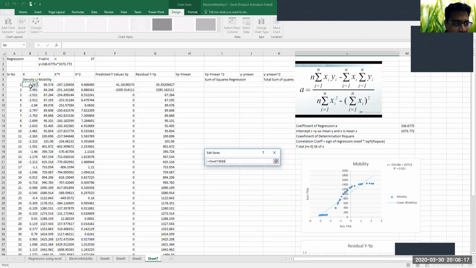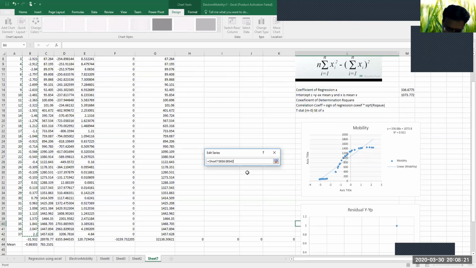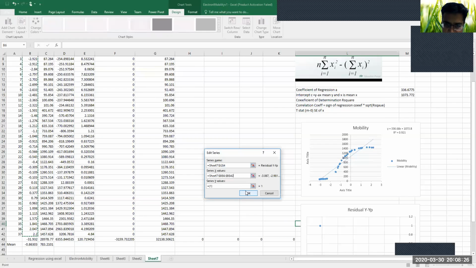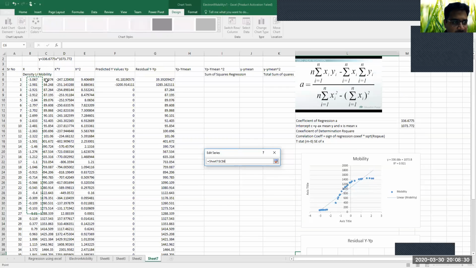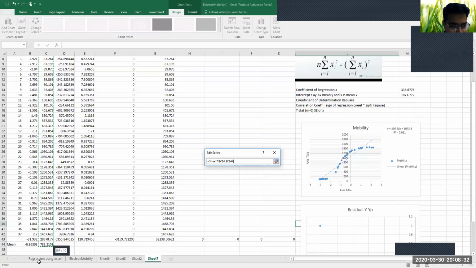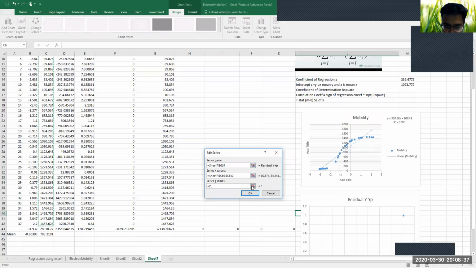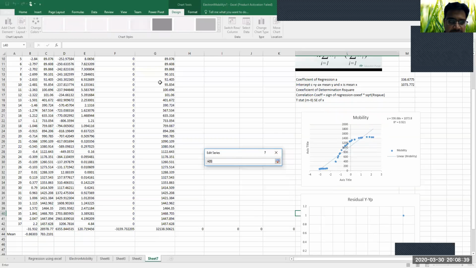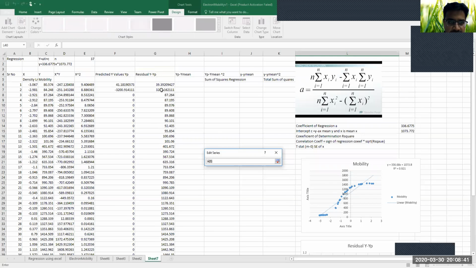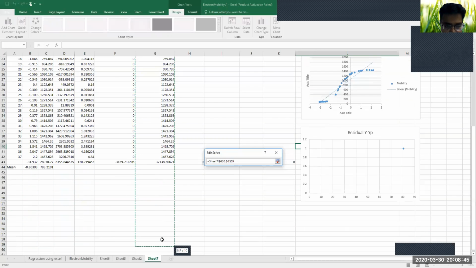So x values will be the same. Here we can put a plot against mobility, or we can put a plot against x values. Ideally we will select x value to be mobility. Okay. And we'll select the y values as the residual values. Okay. Done.